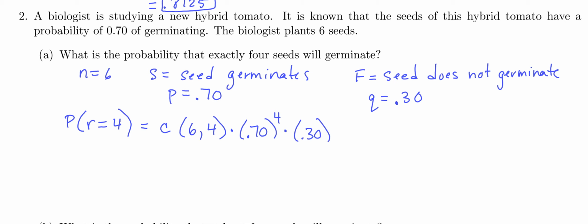If we have 4 successes, we have 6 minus 4, or 2 failures. Again, these probabilities can be calculated all at once on a graphing or a scientific calculator. We get 0.324135. We can leave this like this, or we may round it, depending on the problem.